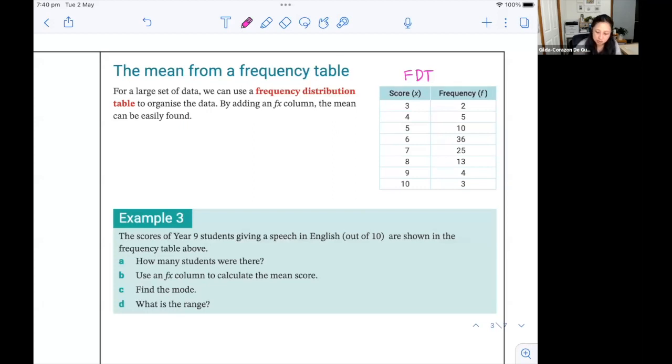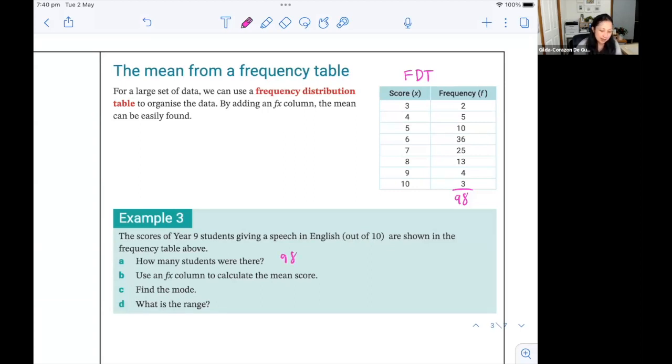If you add 2, 5, 10, 36, 25, 13, 4, and 3, that's the total number of students. I don't know if you got 98 as well, but I got 98. But let's just check 2 plus 5 plus 10 plus 36 plus 25 plus 13 plus 4 plus 3. Right, that's 98. Okay, so we write 98.